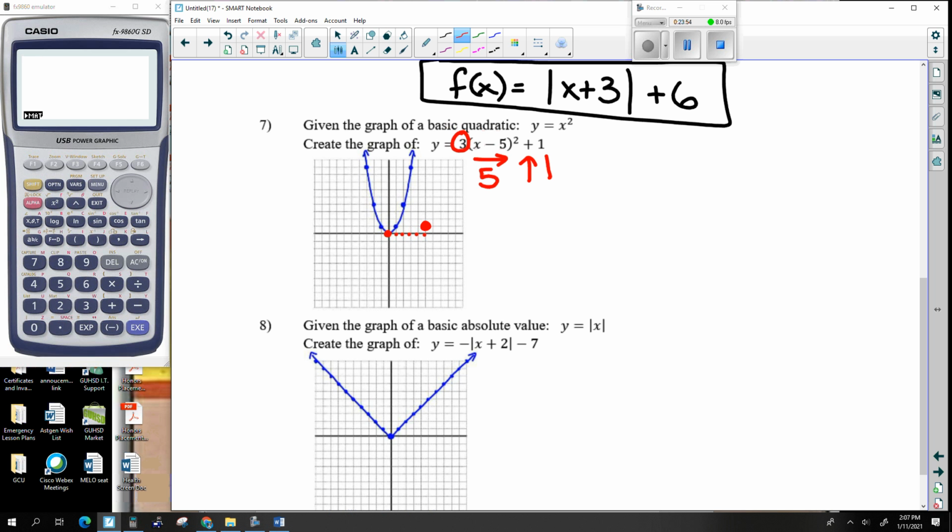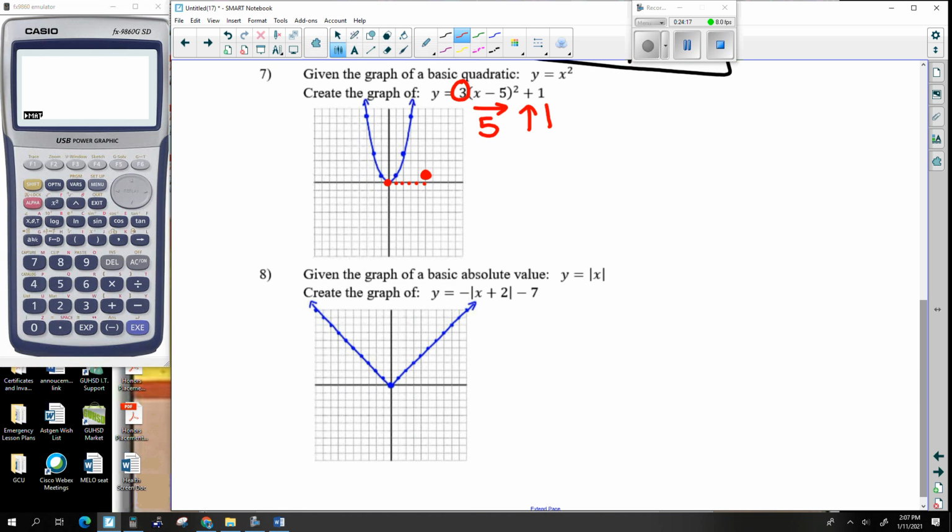So we relocated the vertex of our problem. So do all of the left and rights first. And then if there's negatives and numbers multiplying and stuff like that, worry about all that second. So move your stuff first.